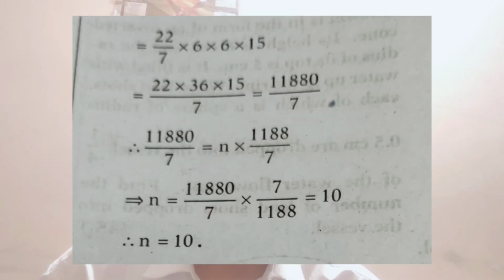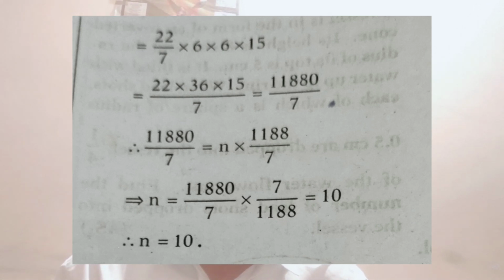So that means we should add that cone and hemispherical shaped ice cream volume. So here we have to find out the number of such hemispherical cones that should be filled by the ice cream in the container. So this also we can apply the volume formulas for a cylindrical shaped container and cone and hemisphere.